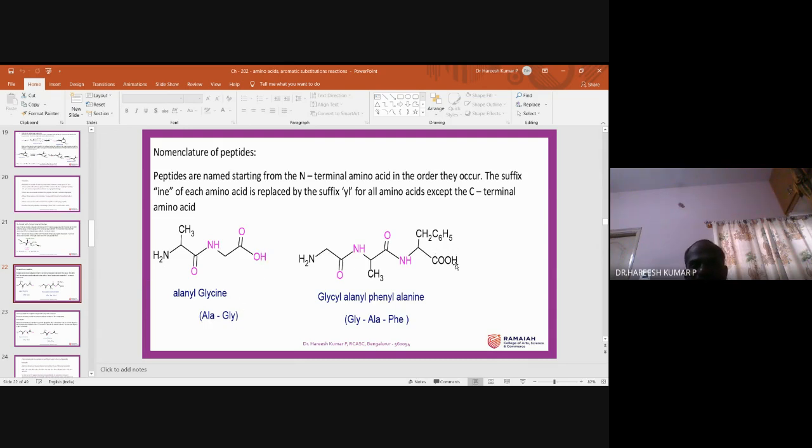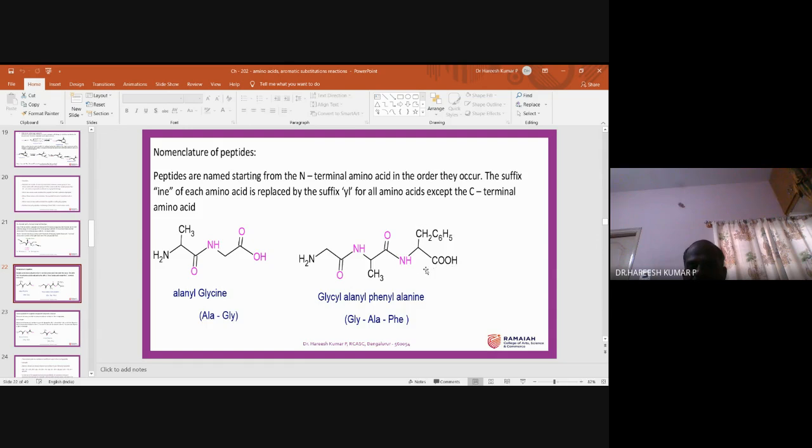Suppose a peptide contains three amino acids, you have to identify them. Since there is an H here, it's the glycine part. Since there is a CH3, it's the alanine part. Since there is a CH2 phenyl, it's the phenylalanine part. So for the IUPAC name, glycine, INE is replaced with YL, glycyl. Alanine, INE is replaced with YL, alanyl.